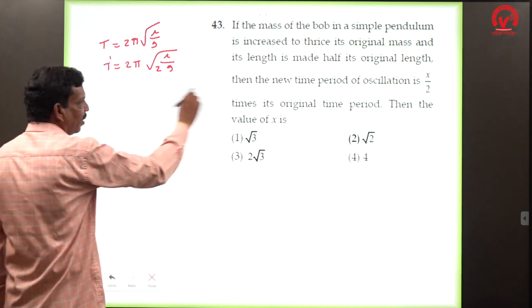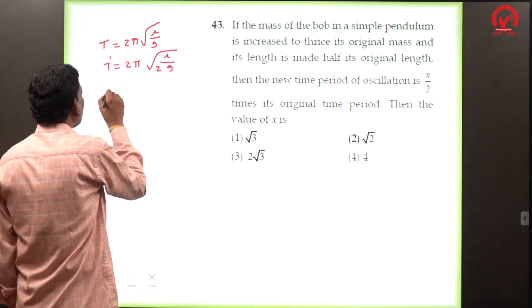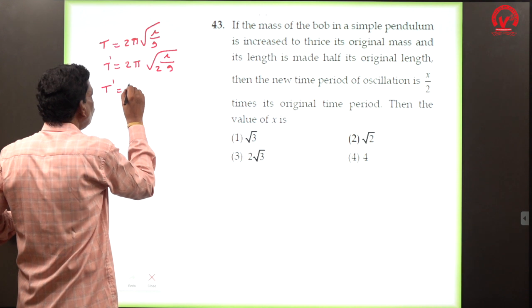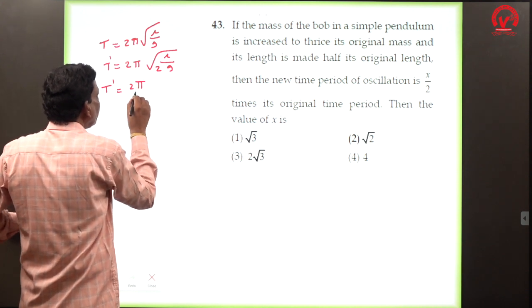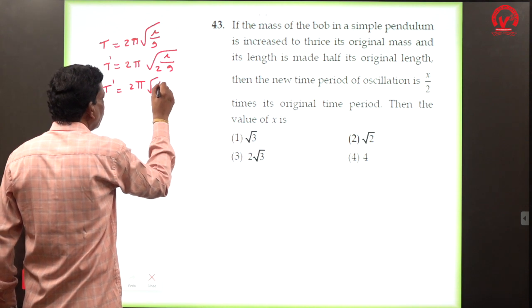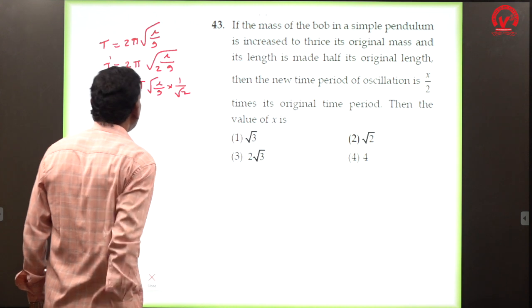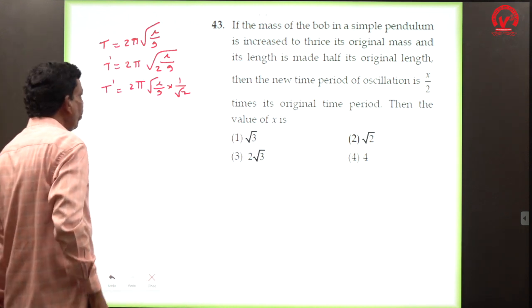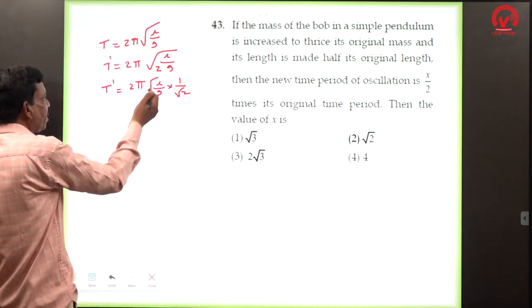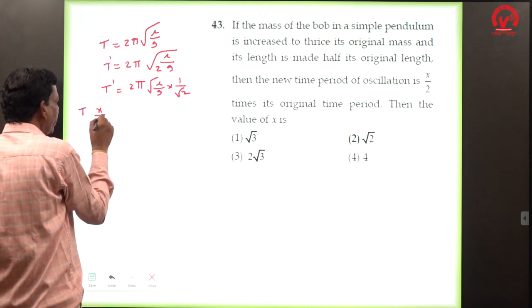So this is what they ask here. T dash equal to 2 pi root L by g into 1 by root 2. It is T into 1 by root 2. They ask T into x by 2.